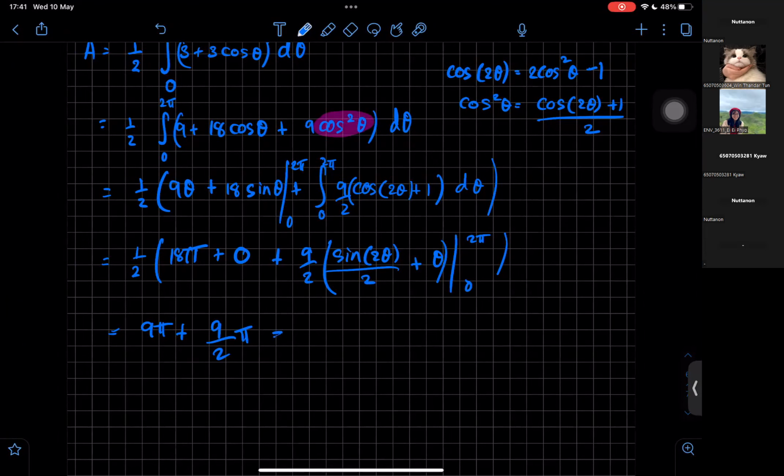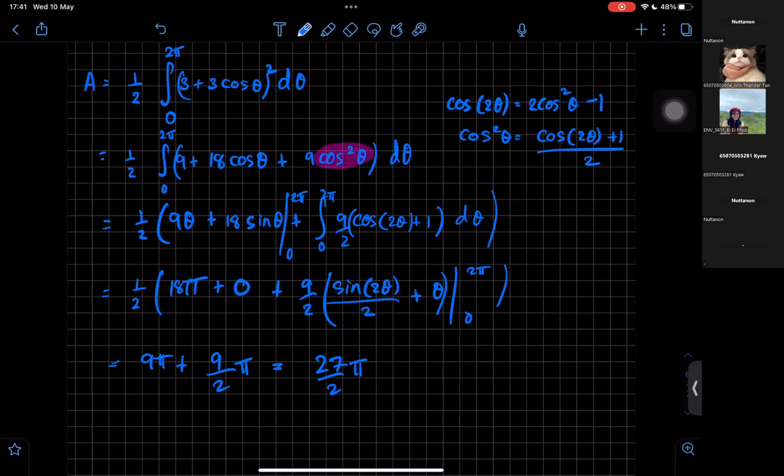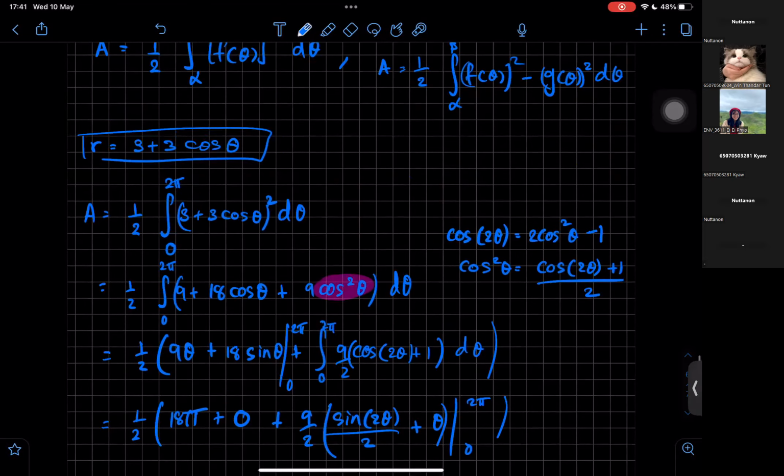Yes. Okay, so it's going to be 27/2 pi, something like this. Hope I'm doing the integration correctly. Okay, this is how you do the integration for polar coordinates.